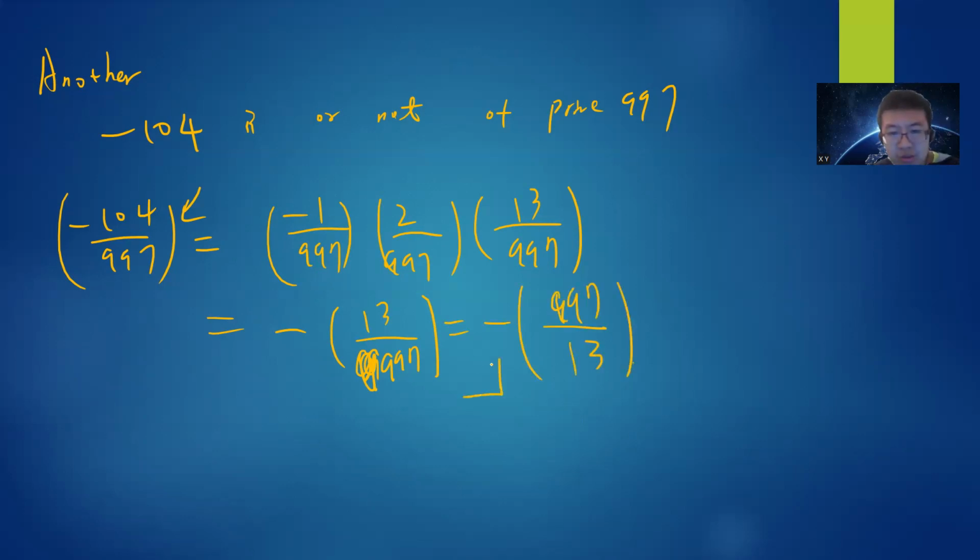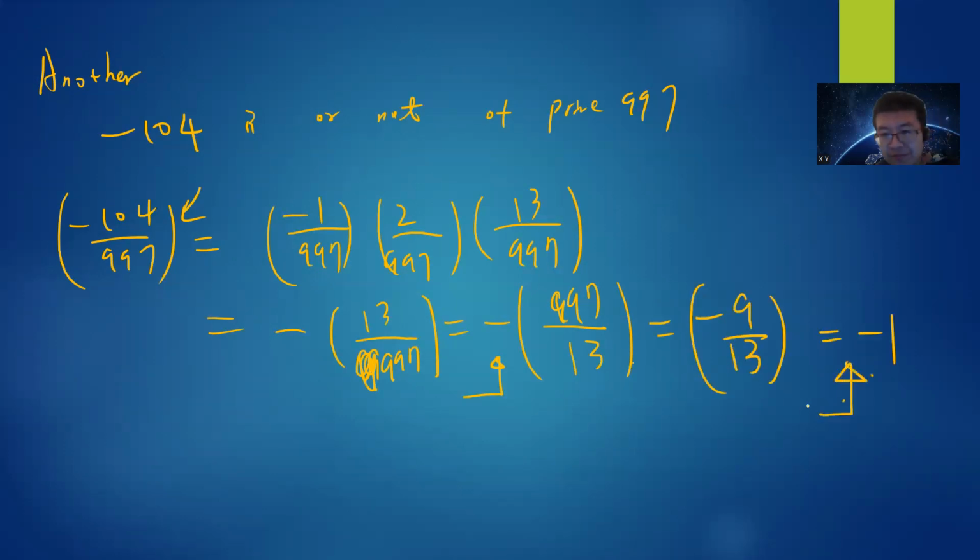Okay, so this is a quadratic residue, and I get minus 9 because I can divide it. These are easy to calculate. So the idea is that you just use multiplicativity, and once you have multiplicativity, you can use the reciprocity law, and then finally you directly prove it. Okay, so the answer is no.